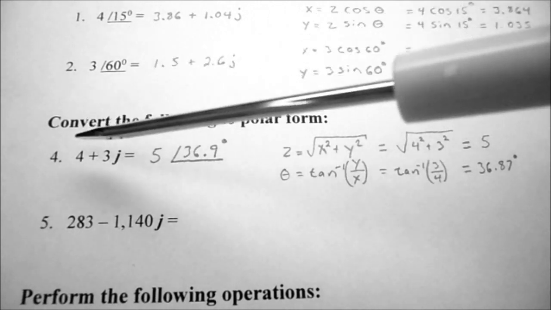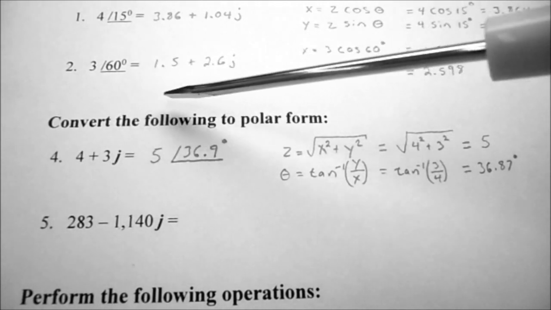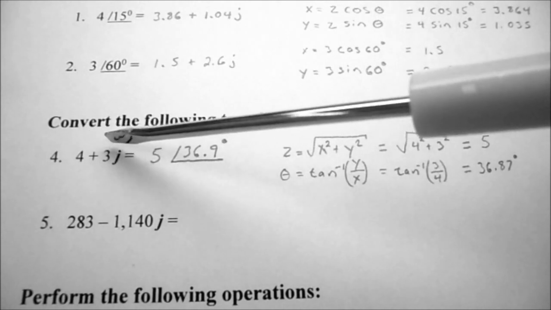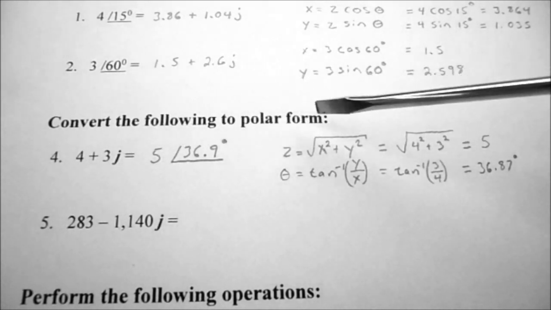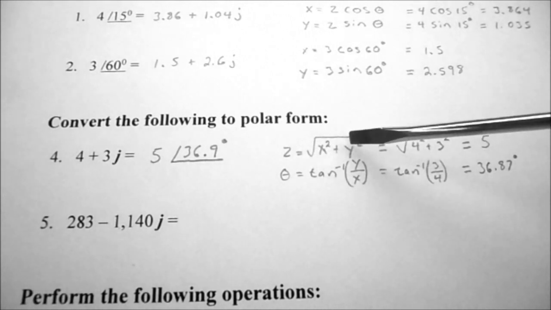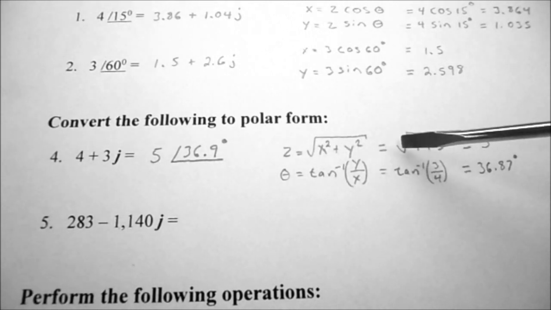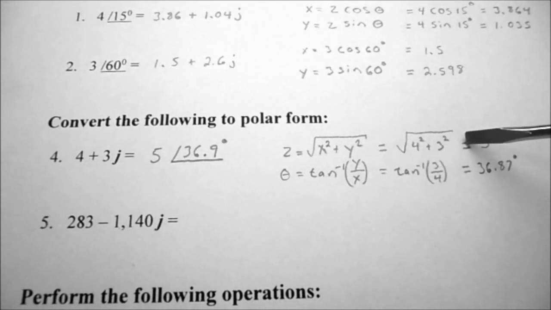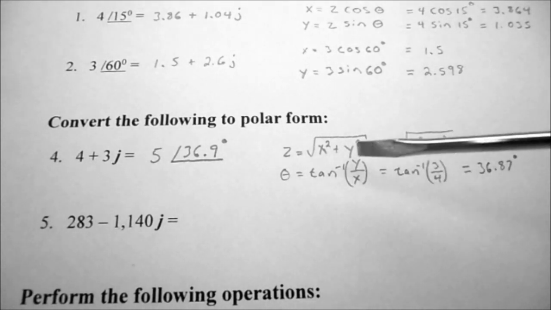So under procedure, step number 4, we're going to convert the following to polar form. So we're going to take 4 plus 3j. So z is equal to the square root of x squared plus y squared, which is equal to the square root of 4 squared plus 3 squared, and that equals 5.